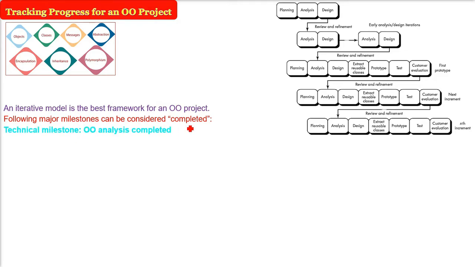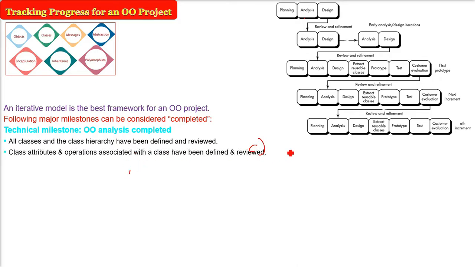So the technical milestone can be object-oriented analysis completed. That is the analysis part. Here the classes which we are going to employ and all the class hierarchy have been defined and reviewed. The attributes and operations of each class have been defined and reviewed.